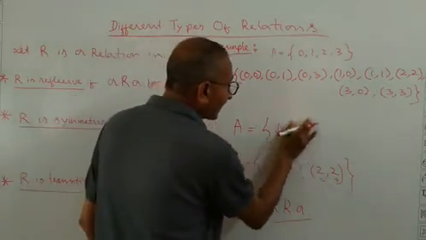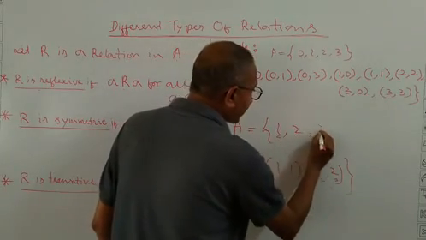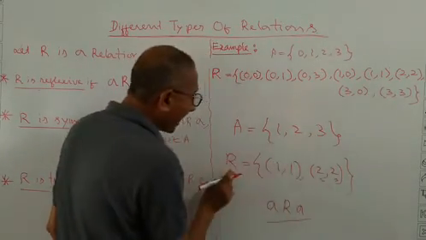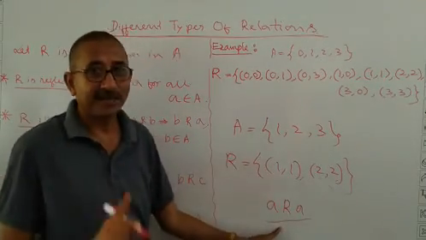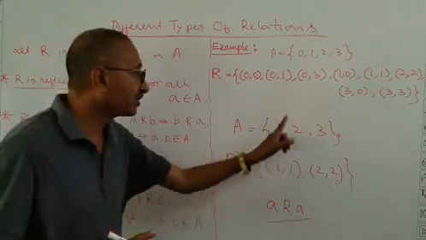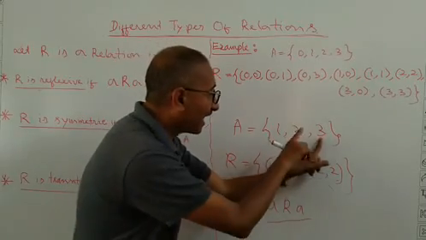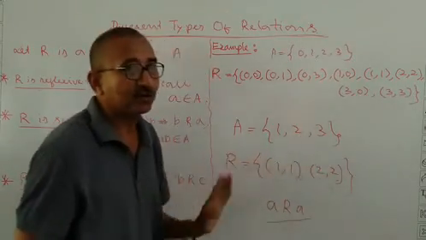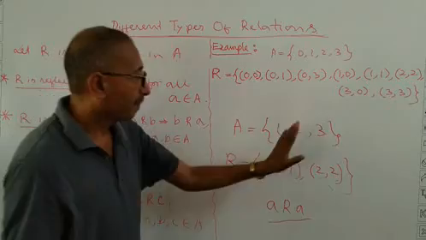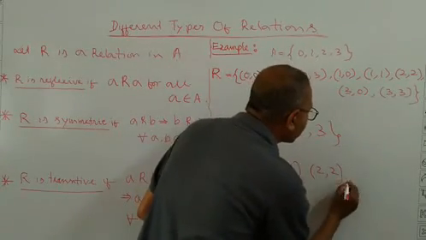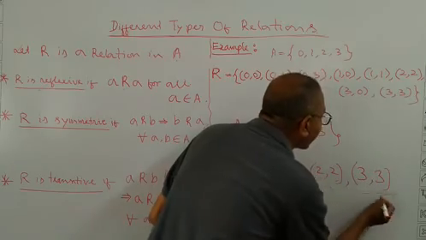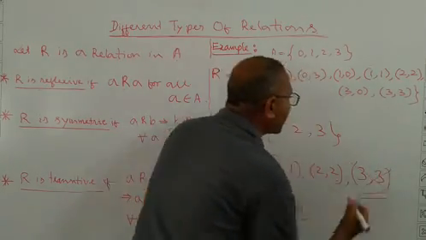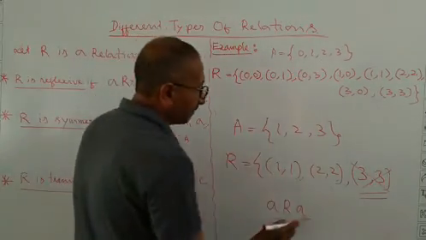Now, if I take 3 elements, say 3 I have given, and R remains the same, and I ask you, is it a reflexive relation? Your answer will be no, because this element 3 is not related to itself, as 3, 3 is not there.